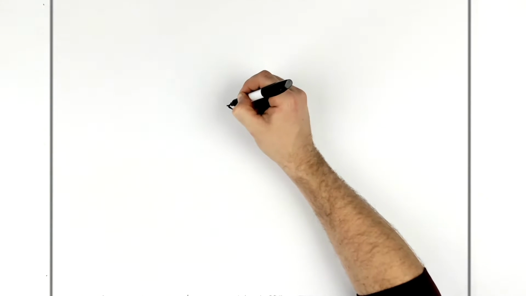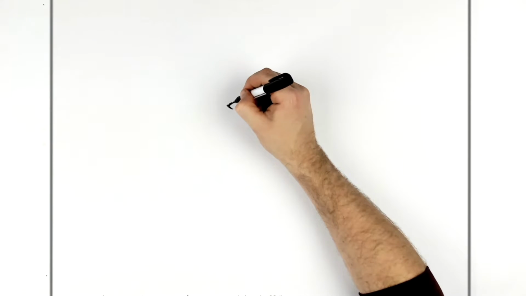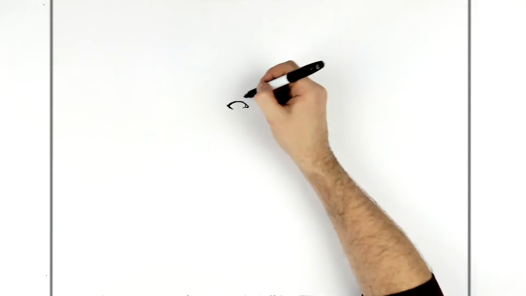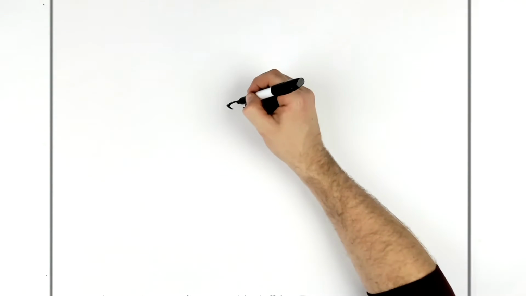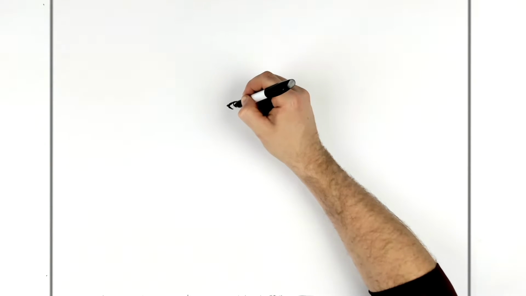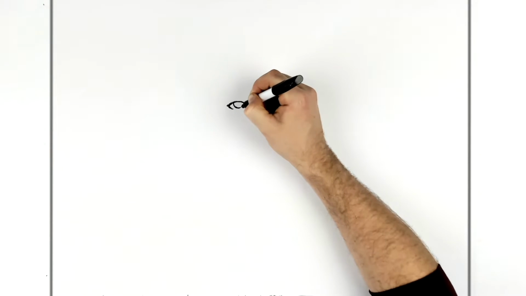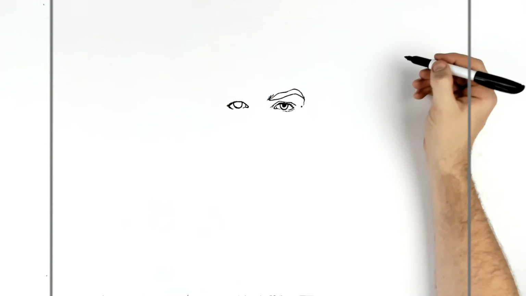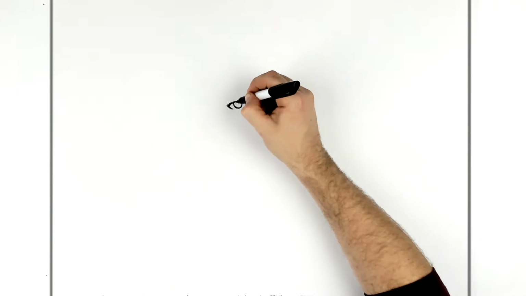Give him some eyelashes. And then his iris, again half circle, coming down just there. And then his pupil in the middle.